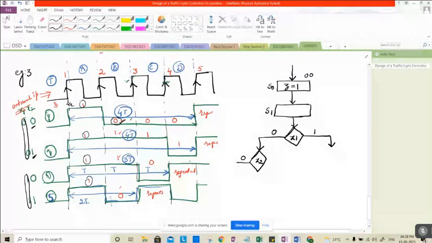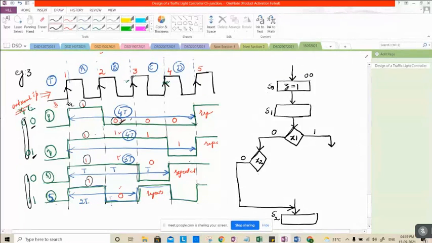And tell me whether I need to move to the next state or to the initial state. Next state, right? I'm supposed to move to the next state. Let me write this next state as S2, when x2 is equal to 0.